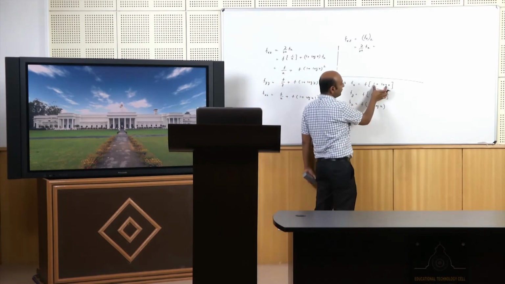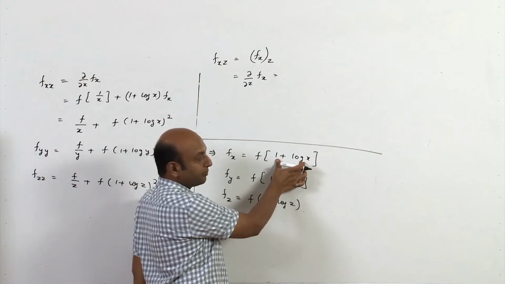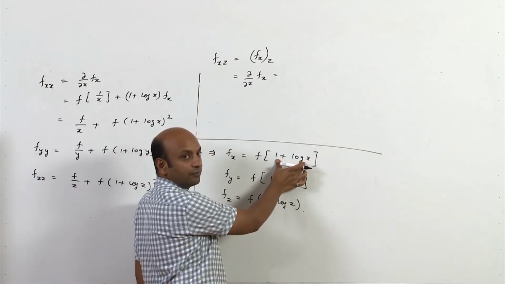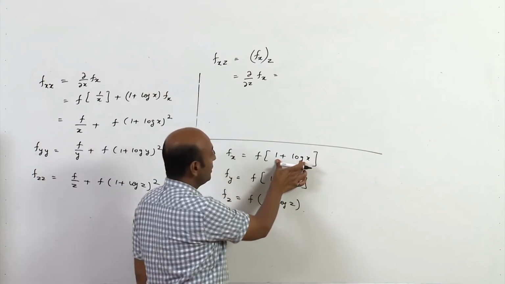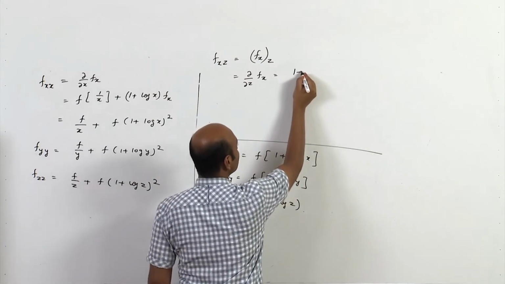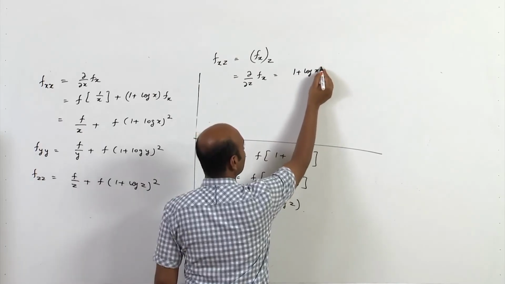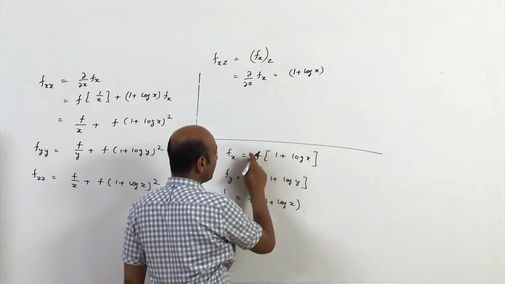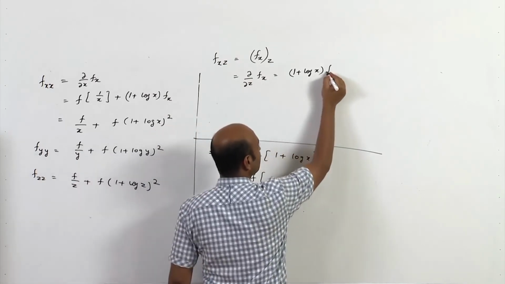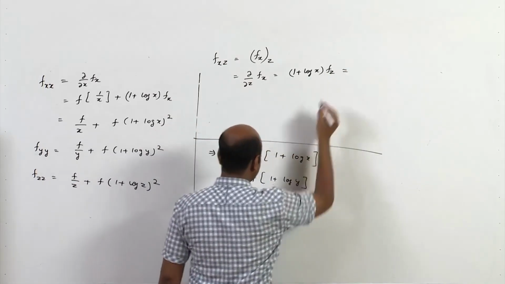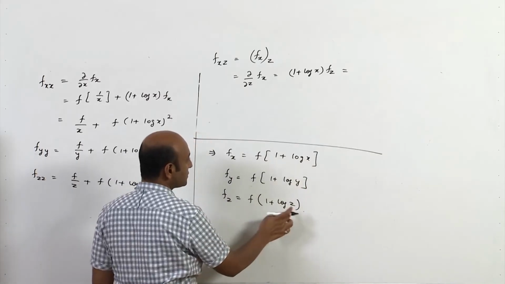Now, this is independent of z, because x, y, z are independent variables. So, (1 plus log x) you can take outside, and f is a function of x, y, z. So, the partial derivative with respect to z will be fz, and fz is f (1 plus log z).